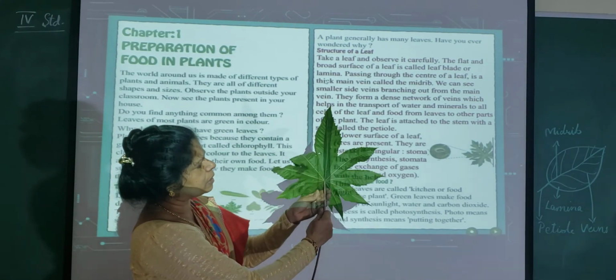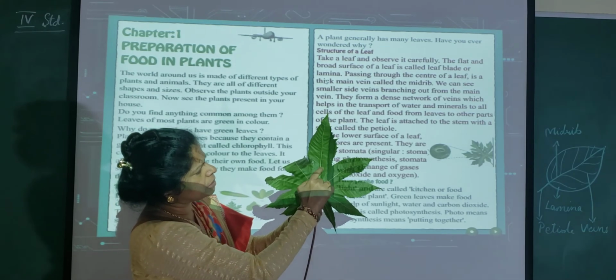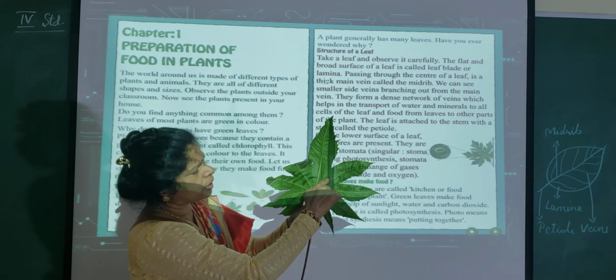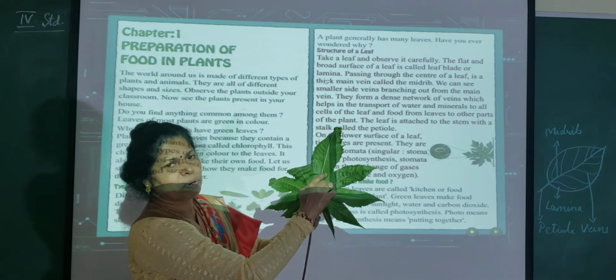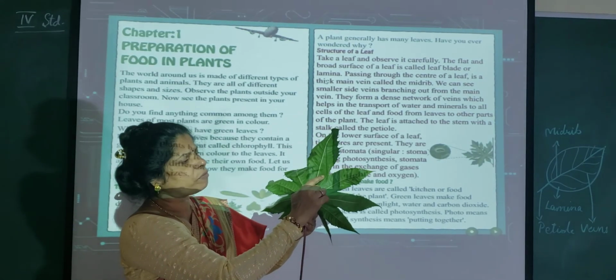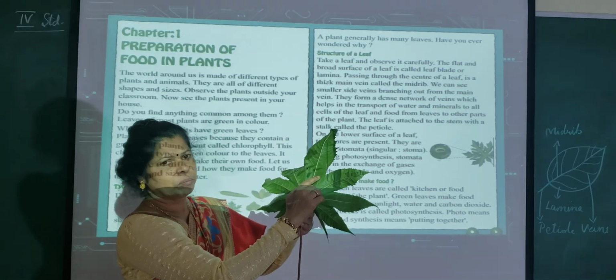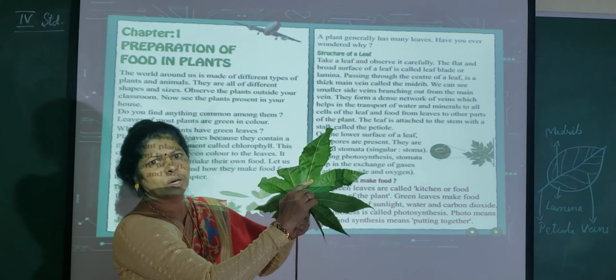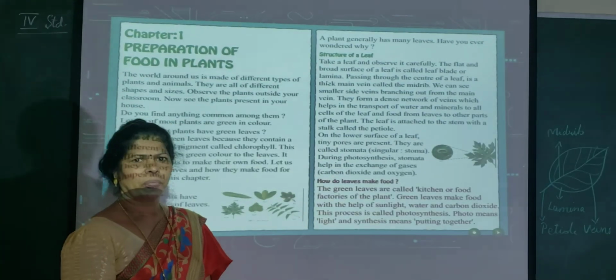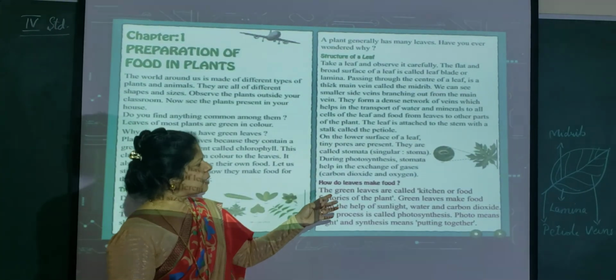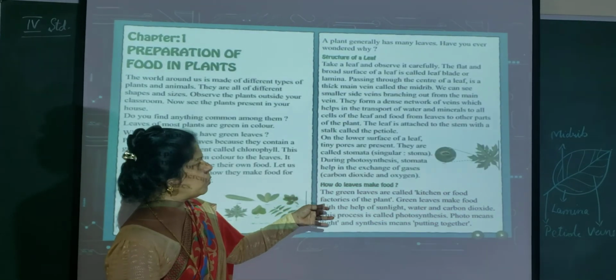These branches you can see at the back, very clearly. These branches are called the veins. And again they form a network of smaller veins, still smaller veins, which help in transporting water and minerals to different parts of the plant or the cells. Okay children, now let us continue in the next class about how leaves make food.